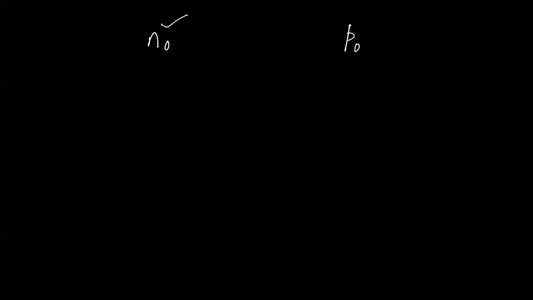The concentration of electrons and holes will be a function of time, because it depends on how long you are giving that external excitation and the amount of energy given. The concentration of electrons and holes will also change.